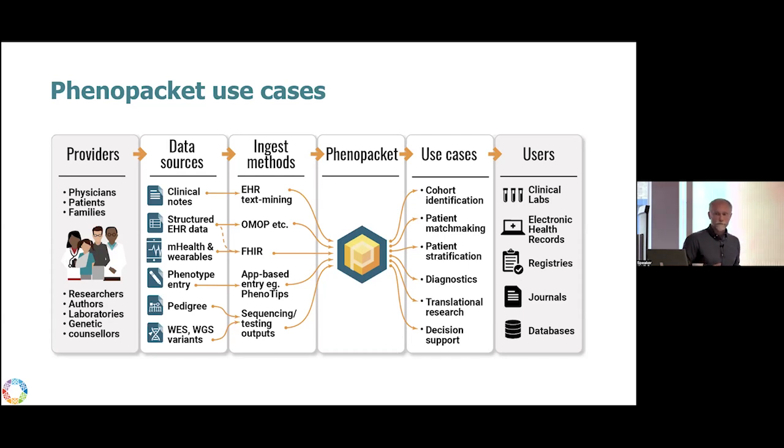So the people who want to use this would be physicians to describe the patient, patients who may want to describe themselves, or the families of the patients, specifically for rare diseases where you have a completely undiagnosed condition and you want to go out there to say who else is looking a little bit like this. As soon as you have a phenotype that you can use to find similarity to other patients, then maybe you have a similar genotype as well, so you can start to solve cases this way.